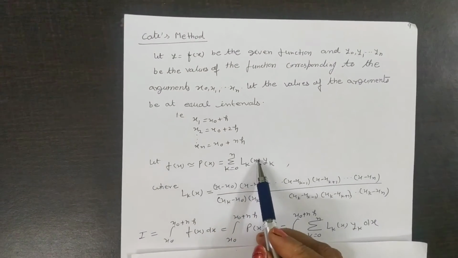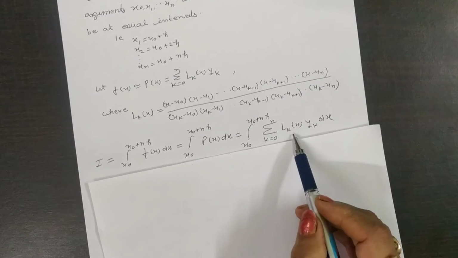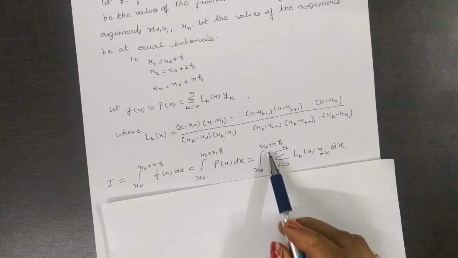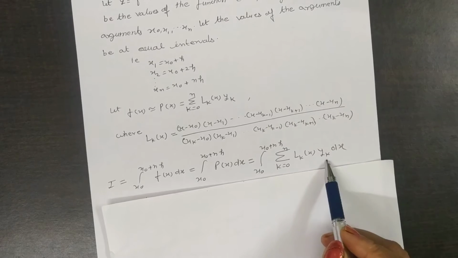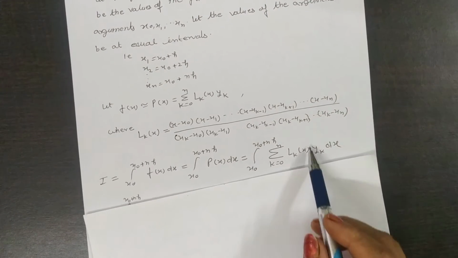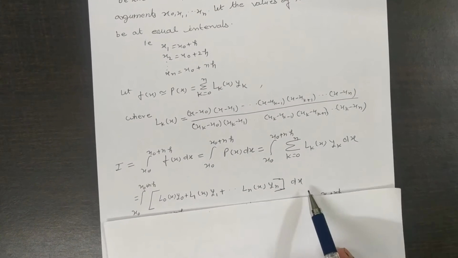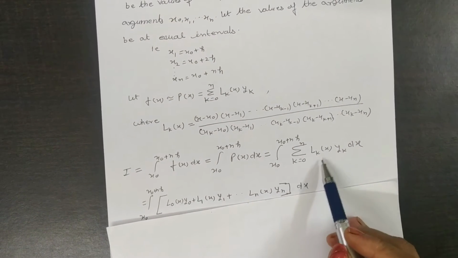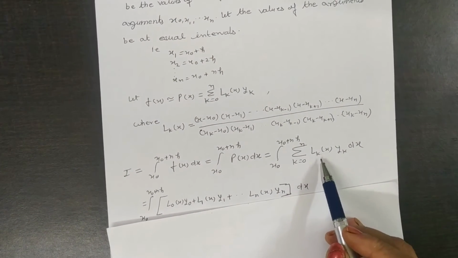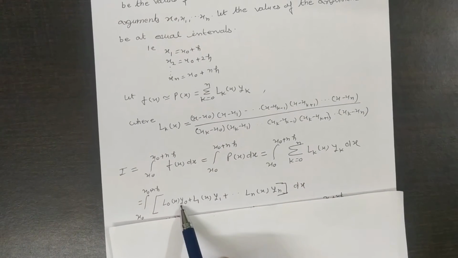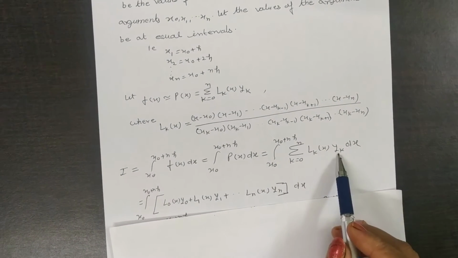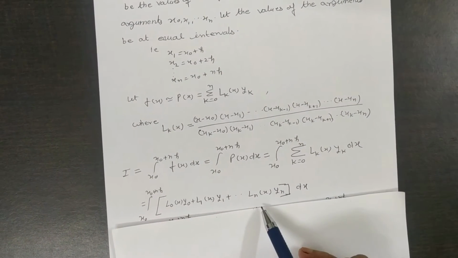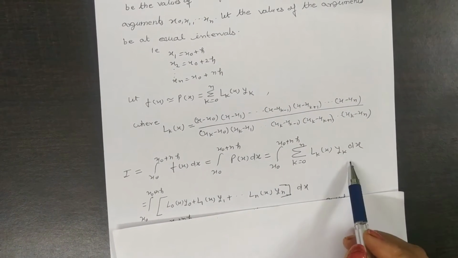So in place of P(x) we have the sigma of k varying from 0 to n, and this is the integral of lk(x) yk dx. This is the Lagrange interpolation. Now if we sum up the terms, we get L0(x) y0 + L1(x) y1 plus up to Ln(x) yn dx.